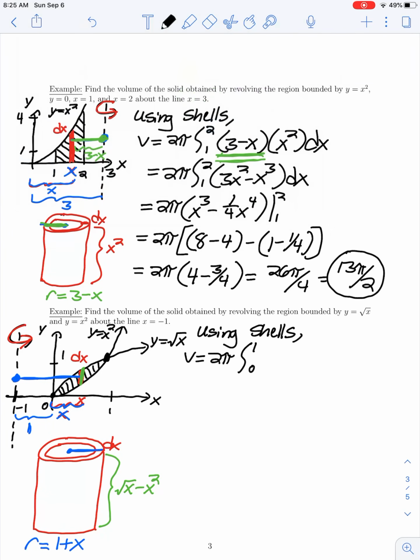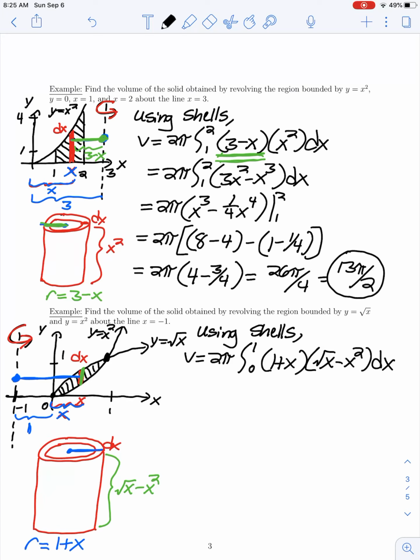So using the shell method, we had our 2 pi times the radius of the cylinder, which we found to be 1 plus x, times the height of the cylinder, which is root x minus x squared, times its width, dx.